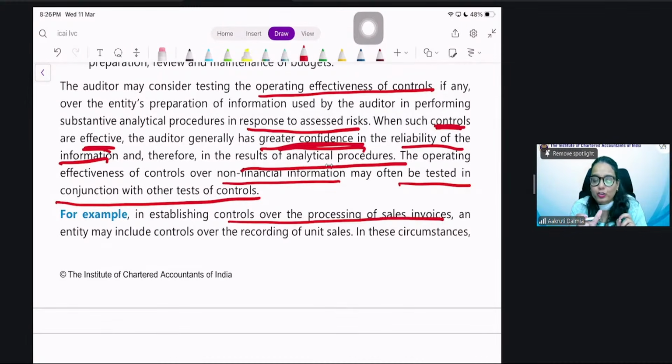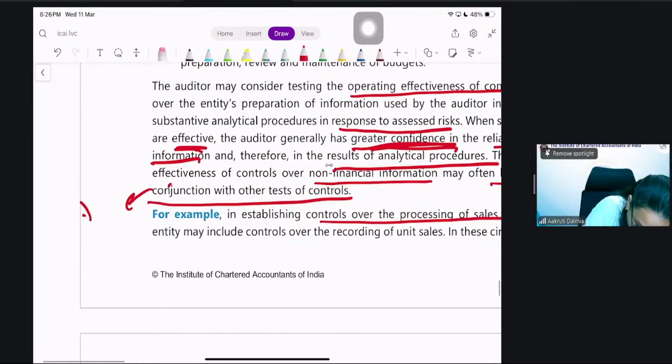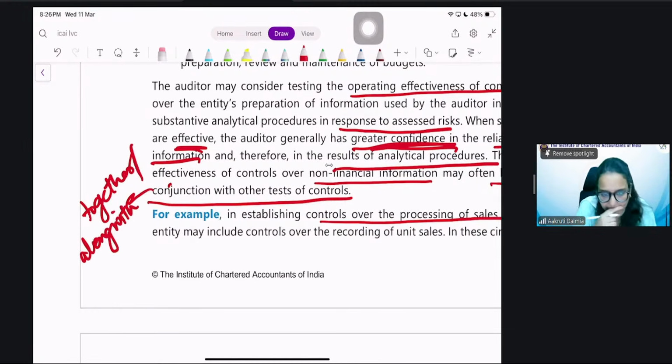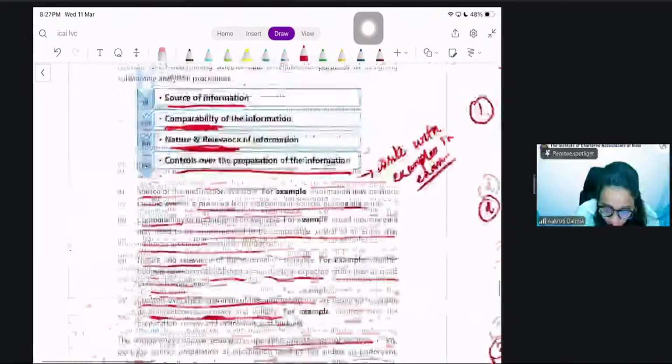And is a conjunction, which brings part A and part B together. So you can just write it here, or along with. Okay. So that's it. We are done with reliability of data.